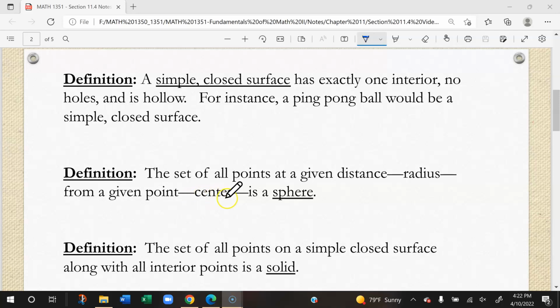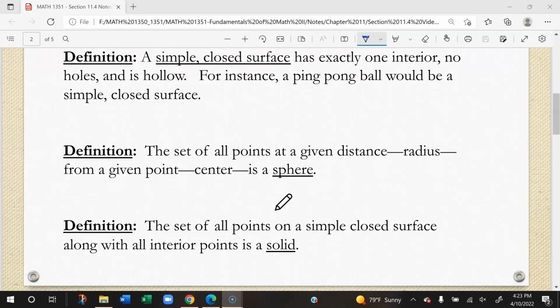And if you think about the ping pong ball, the set of all points at a given distance, the radius, from a given point, the center, is a sphere. So they're all the same distance from the center.